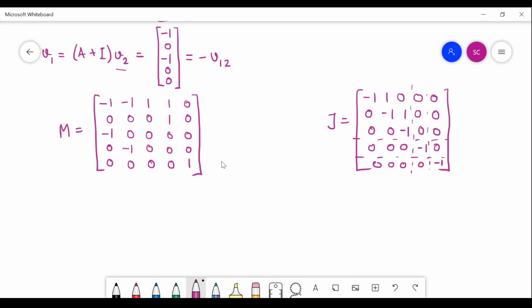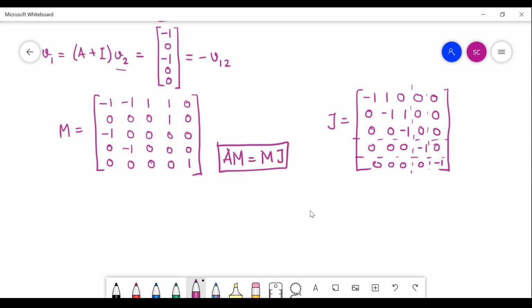So you have got your J as well as M. Now you have to do the check. You do the check AM equals MJ and verify for yourself that you have done things correctly. So this is all.